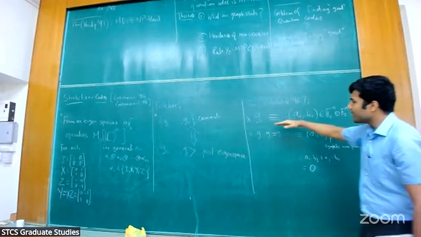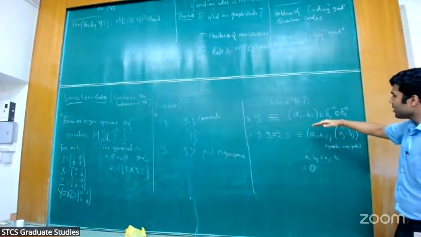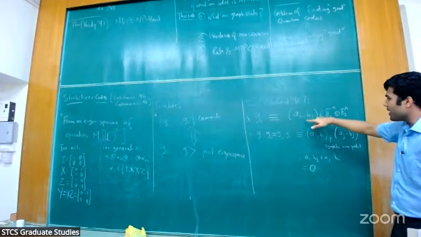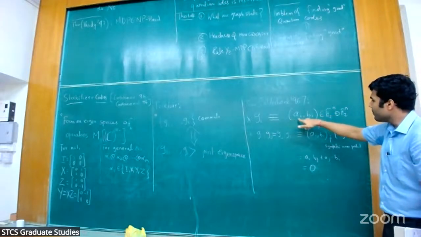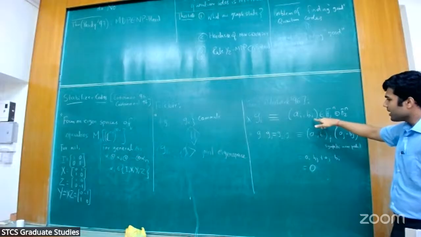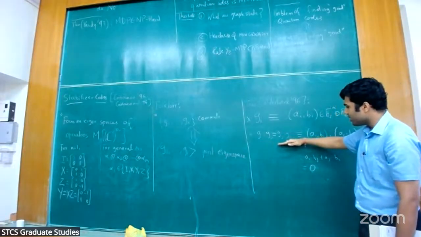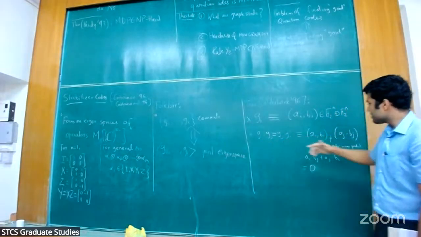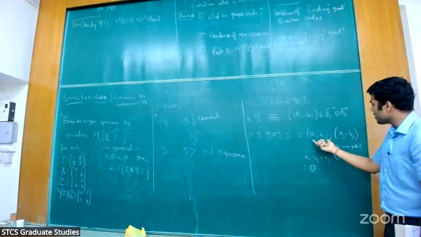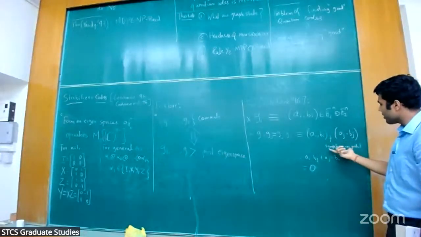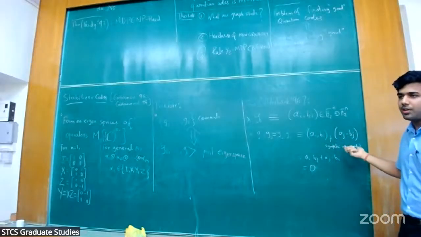So you can visualize each of these g_i as a pair of n-bit vectors, a_i comma b_i. And this commutation relation that you have is in fact an orthogonality condition, but with a different inner product, not your usual Euclidean inner product.